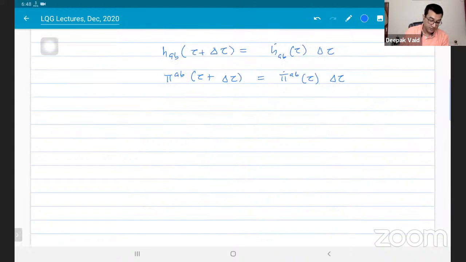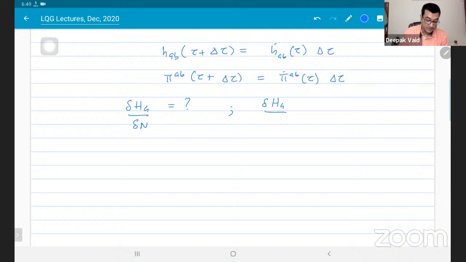So one question that one can ask is, what happens if I do the variation of this Hamiltonian with respect to the lapse and the shift?